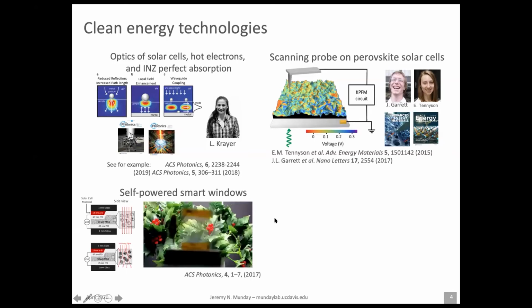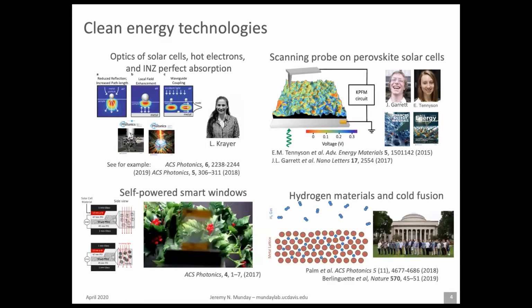We also do work with what we call smart windows. These are materials that you could think of for a building. I'll show a little video here. They can switch their transparency from completely transparent or not, and can also provide power by incorporating thin photovoltaic layers into them. So that's another technology there.